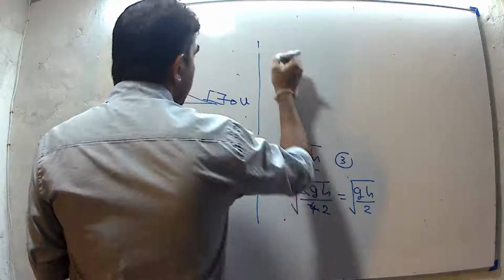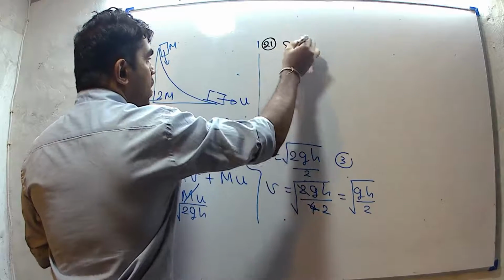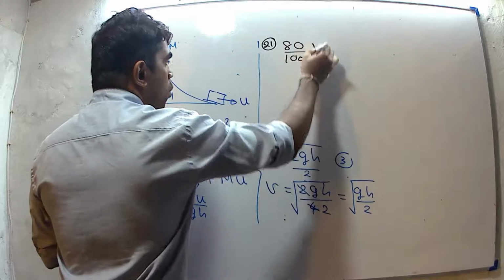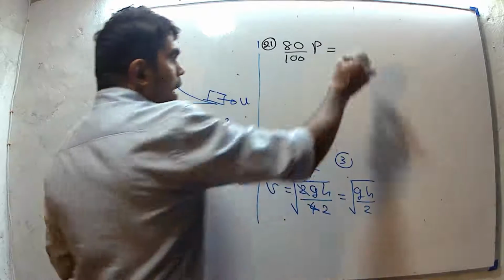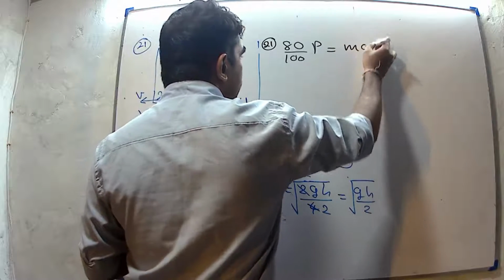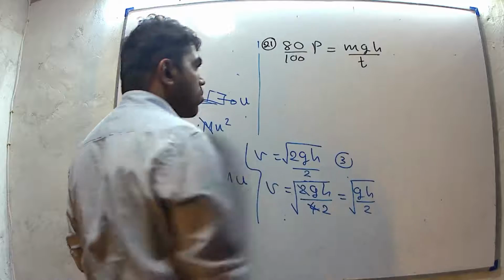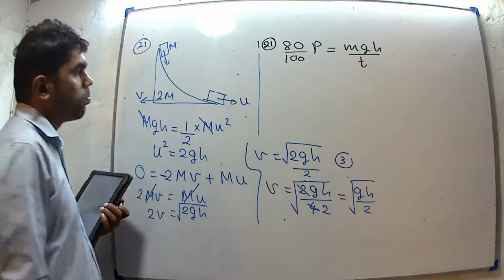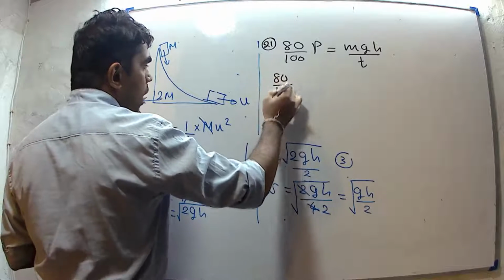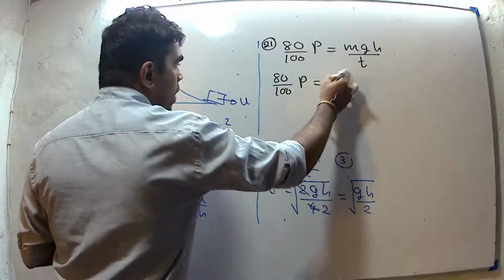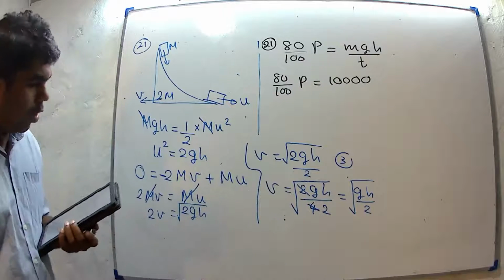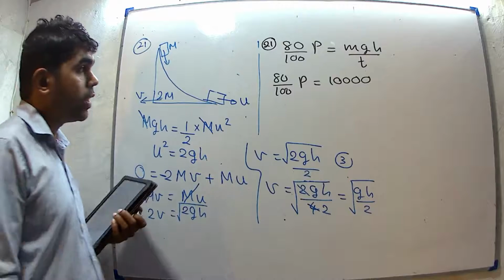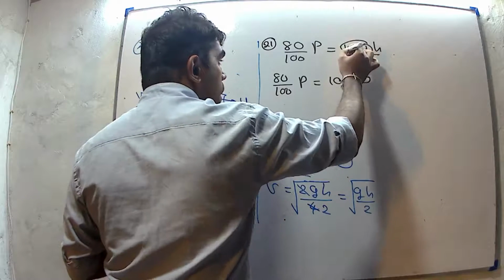We can consider that 80% of the power of the motor should be equal to mgh, which is the work done, divided by time. Then 80% of power, total weight 10,000. Then mg value is 10,000.